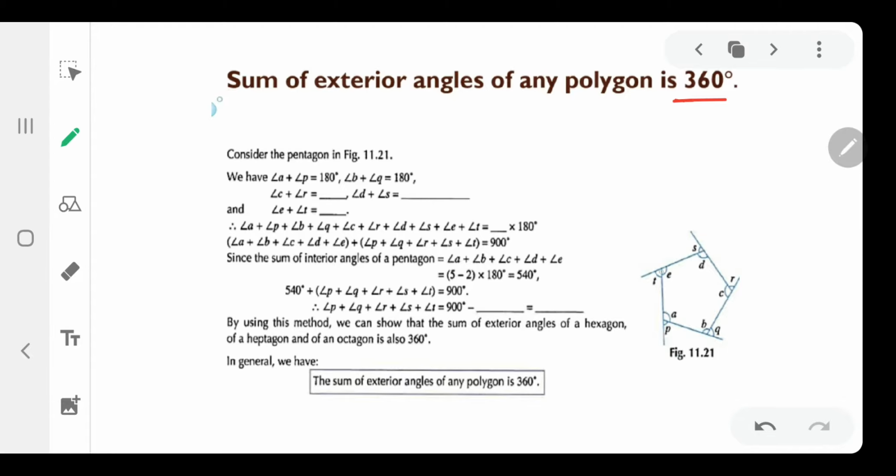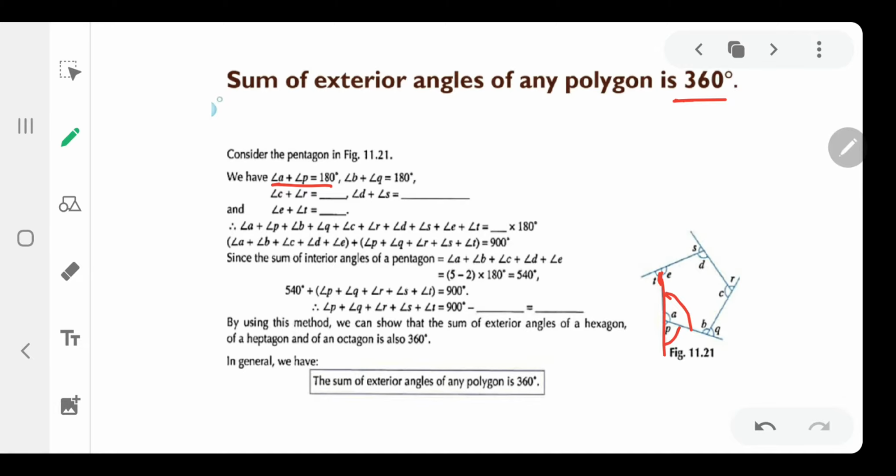Here, I can produce this side and I get two angles, angle A and angle B. What will be their sum? Their sum will be 180 degrees. So I can write A plus B is equal to 180 degrees.